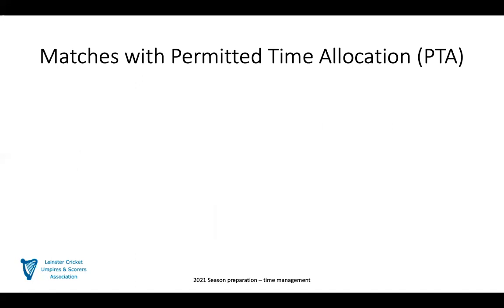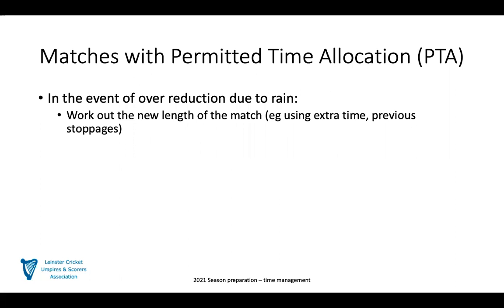Okay, we shall move on. Now, you might have to get your thinking caps on a bit here. If the innings is reduced due to rain, you've also got to work out the new permitted time allocation. So let's just run through a very simple example. You need to work out the new length of the match.